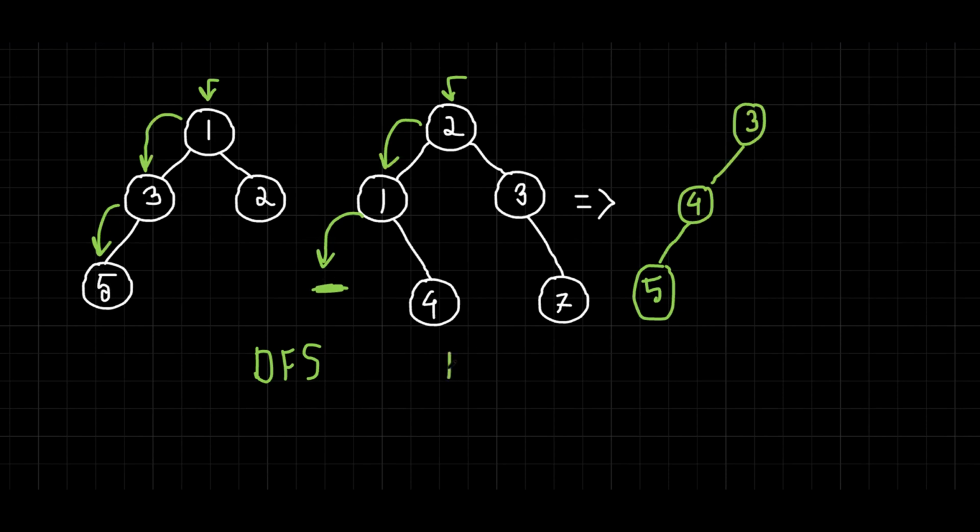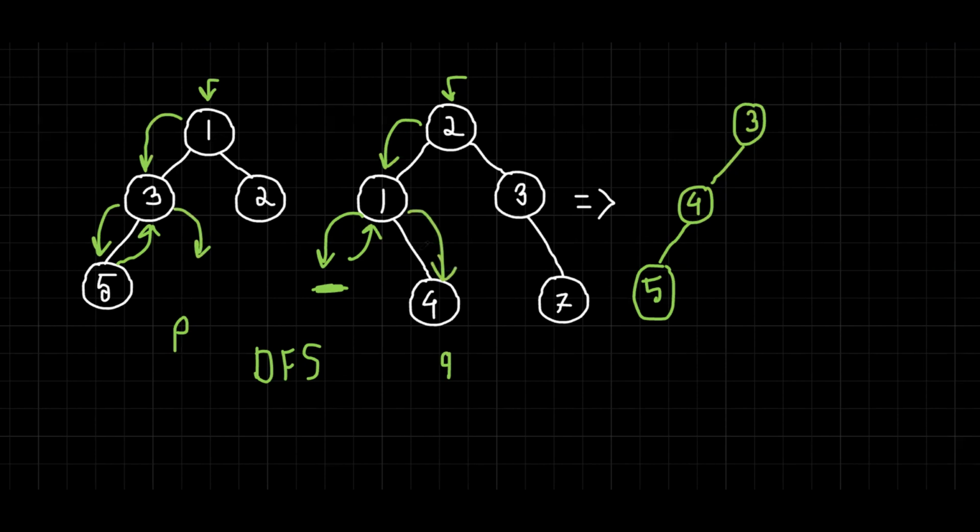Or suppose the first tree is named P and the second tree is named Q. That means if the left value of Q is absent, we have to return the left value of P. So 5 is added here. Now we will get back to the node 3, and we will get back to the node 1. Now from 3, we will call the DFS into the right subtree, and from 1, we will call the DFS into the right subtree.